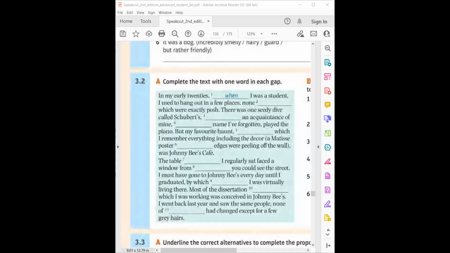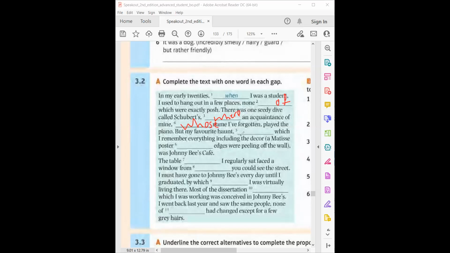So we were working on the exercise, and I believe we stopped in the middle of it, but let me just repeat what we worked on. We said none of, and then we said where, an acquaintance of mine, and after that number 4 was whose name. Okay. Yes. And what about number 5? All of which.